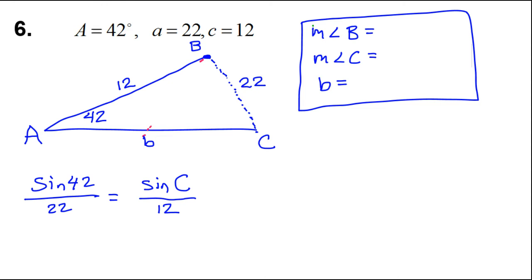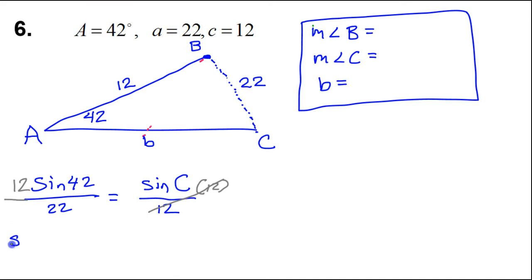So of course I'm going to multiply both sides by 12 in order to do that. So these 12s will cancel out. So that'll leave me sine C is equal to all this. Now if I want the angle out of this, I need to do the inverse sine.